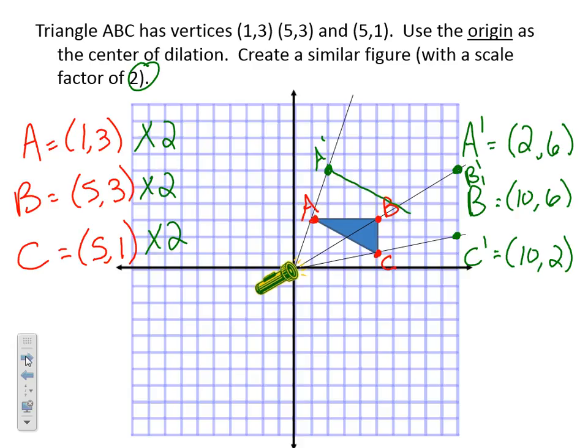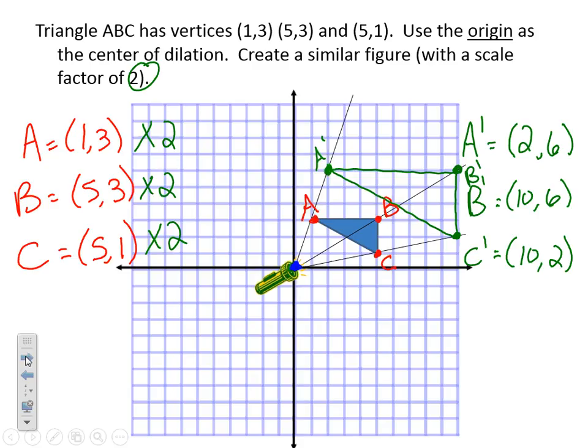This is my new triangle. As we can see, it has increased. It's gotten larger. And if you look, we drew lines straight from the origin through our points, and our new points have landed on our line. So it's increased by this much. It's doubled in size. So it's twice as far from the origin. It's moved away from this spot, and it's gotten twice as large. Alright, there's example number 1.